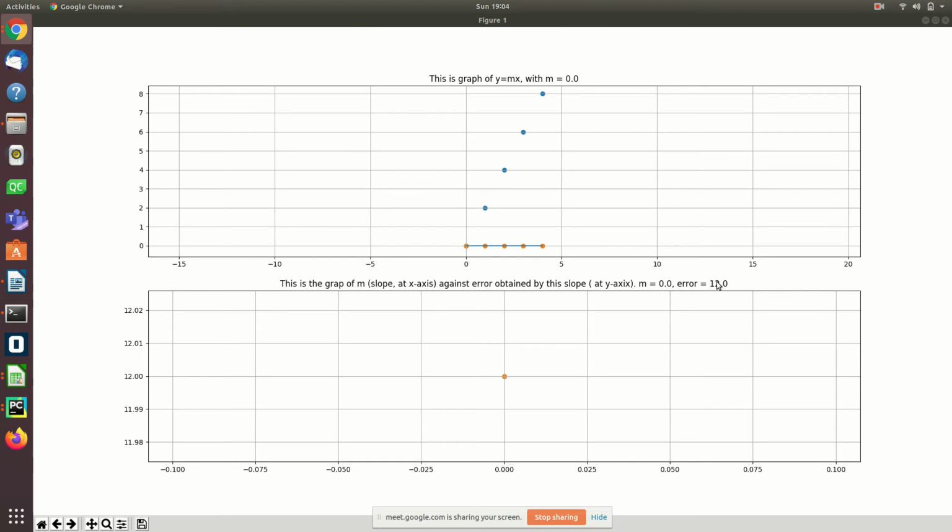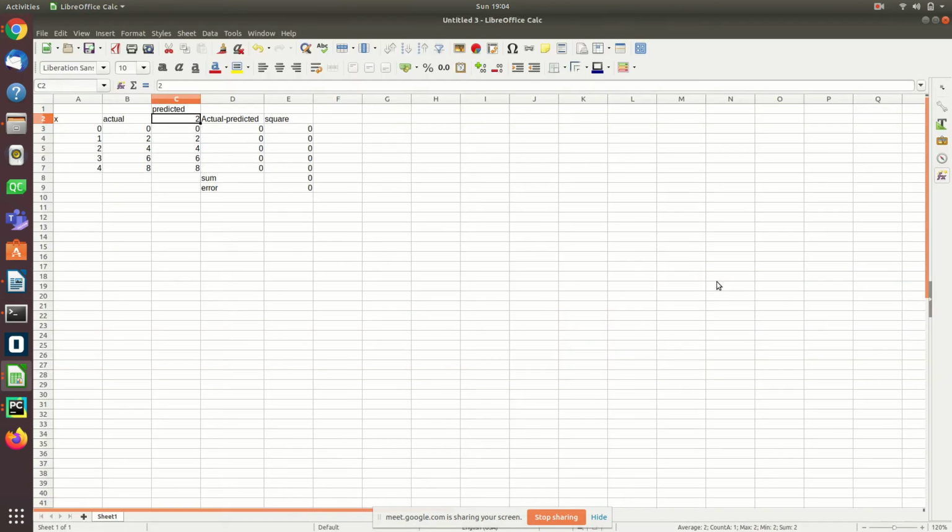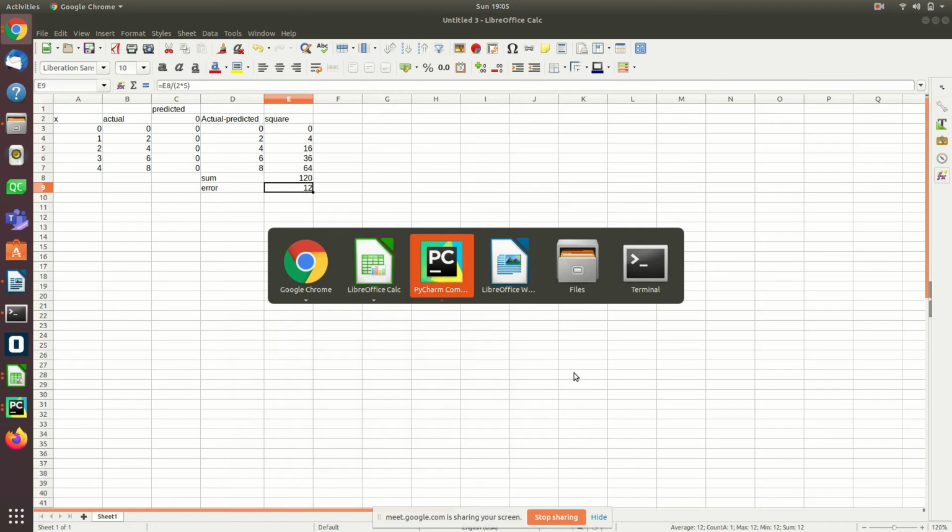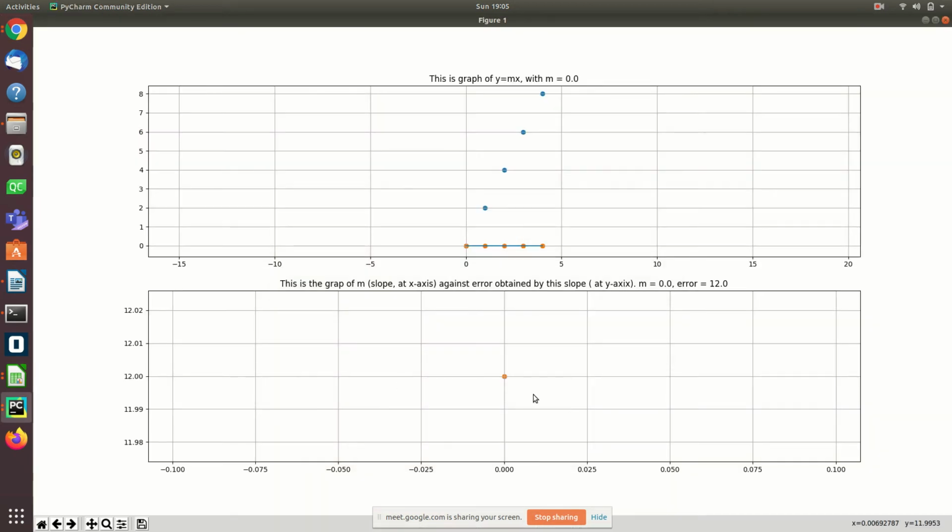How has this come? How did 12 come? 12 has come because I calculated 0 minus 0, 0 minus 2, 0 minus 4, 0 minus 6, whatever. I squared them, I summed them, I divided them by 10. 120 came, divided by 10 is 12.0. You are with me?